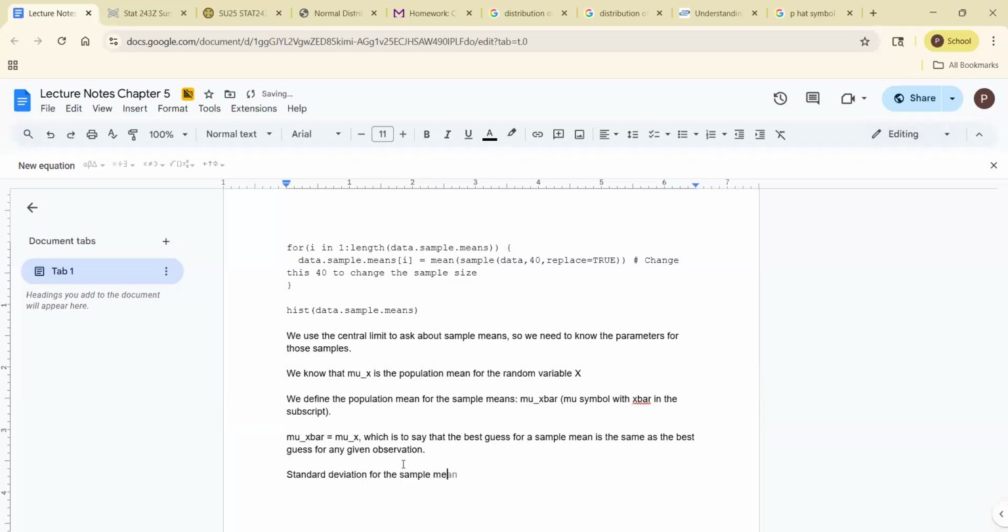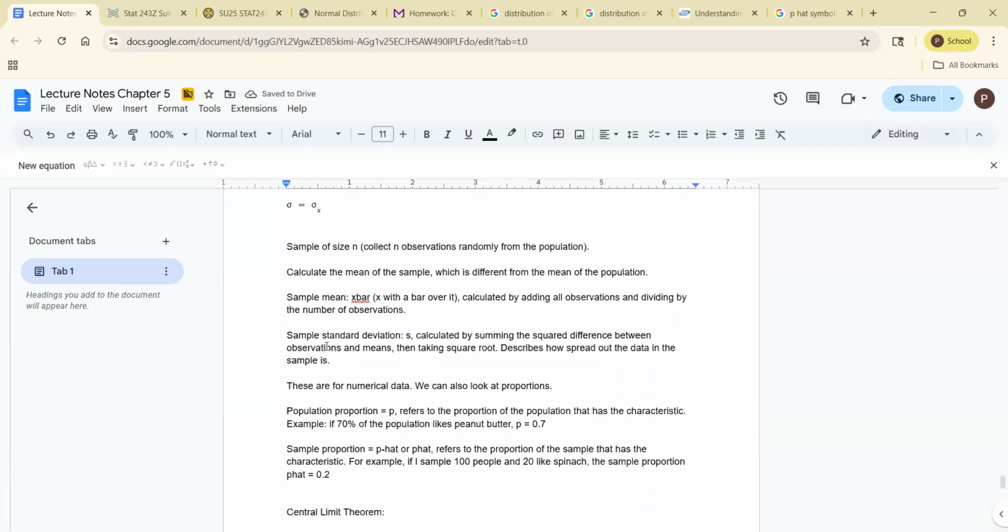Standard deviation for the sample mean, we write it as sigma sub x bar, the sigma symbol with x bar in the subscript. Sigma sub x bar does not equal sigma sub x.